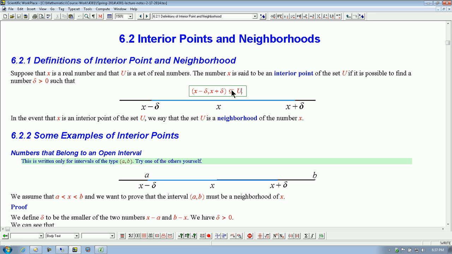Included means subset. Don't confuse included with belongs to. The stick is a subset of you. It's included in you. That means every blue number belongs to you. You understand?